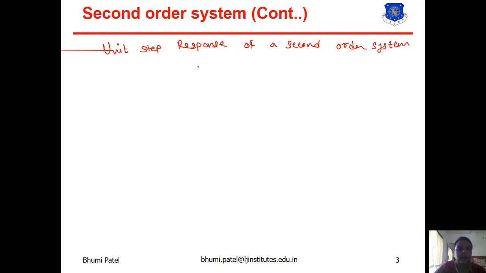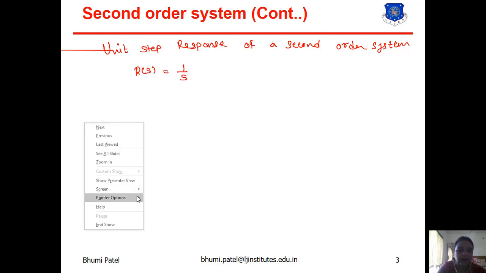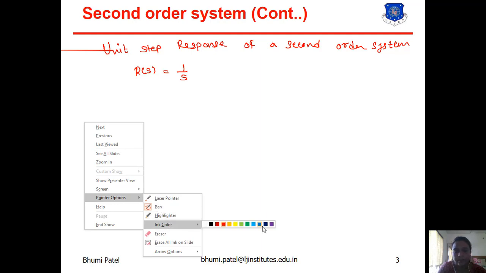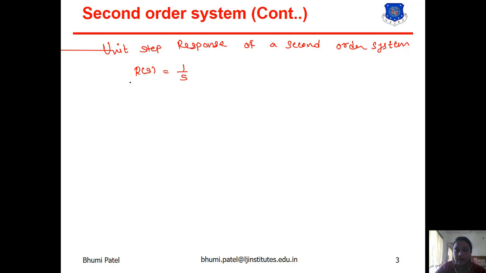For that, the unit step input R of S is equal to 1 by S. So we can get C of S is equal to omega n square upon S square plus 2 zeta omega n S plus omega n square into R of S.